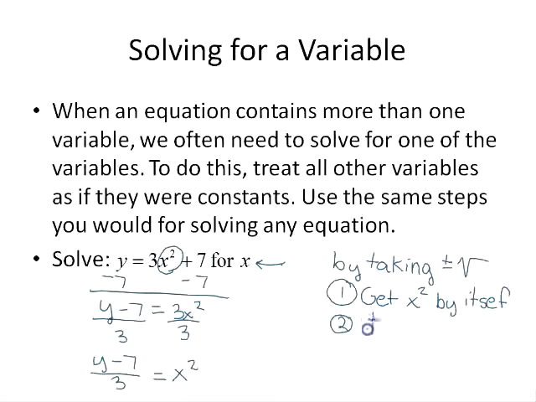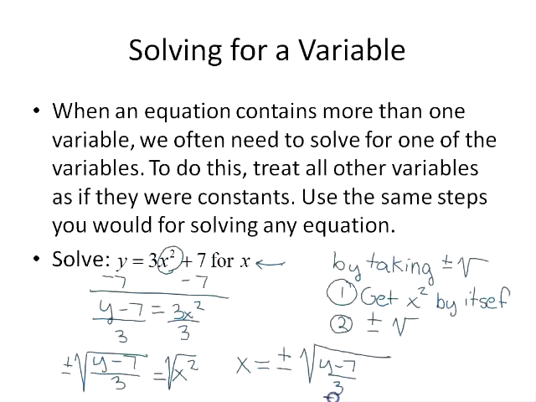My next step is to take the positive and the negative square root on both sides of the equation. So this will leave me with x equals the positive or negative square root of (y minus 7) over 3.